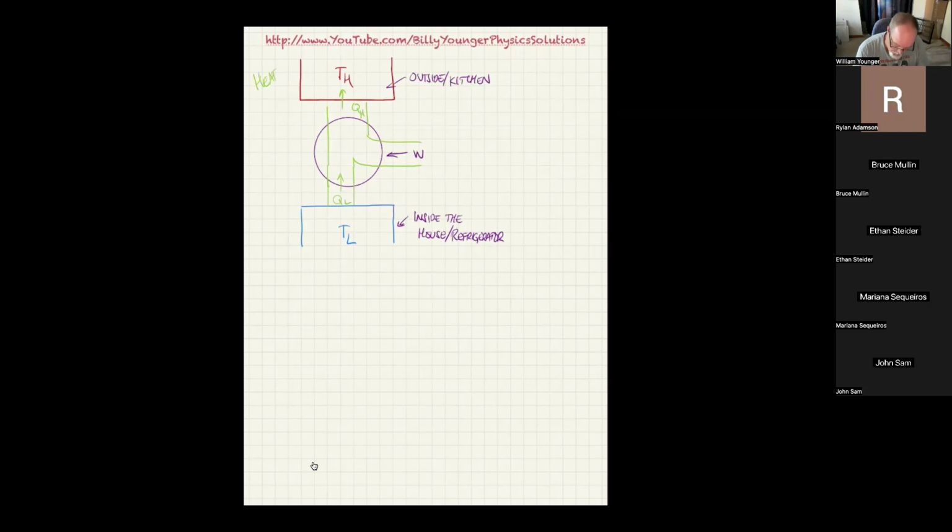Actually, I'll say refrigerator or air conditioner. A little bit of difference there. So I'm going to say refrigerator or air conditioner, AC. Now, if we're talking about this, then we're going to do something that's not the efficiency.